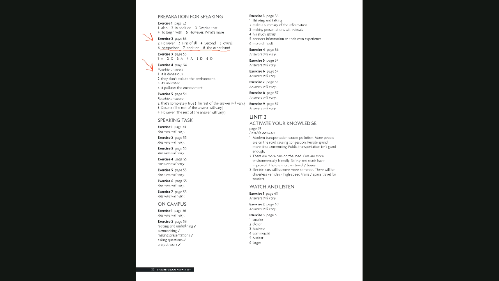So we have to have a subject and verb after that. So good. That one's good though. The answer key says, for example, they don't pollute the environment. Okay, so there's two good examples.